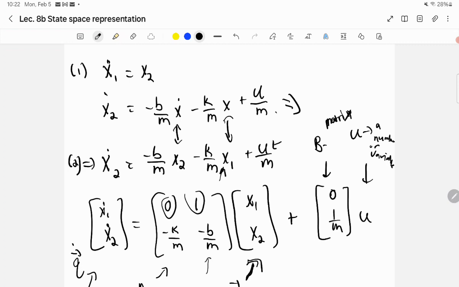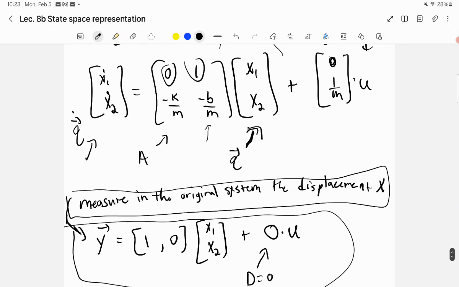So my matrix B, and I'm going to call it a matrix, although it's just a vector in this case, is going to be 0 up here because there's no u in the first equation. And then 1 over m, well, notice this was u over m, right? So that gives me 1 over m for the coefficient down here, and then I can just multiply it times u, and think of u as a single variable or a single number.